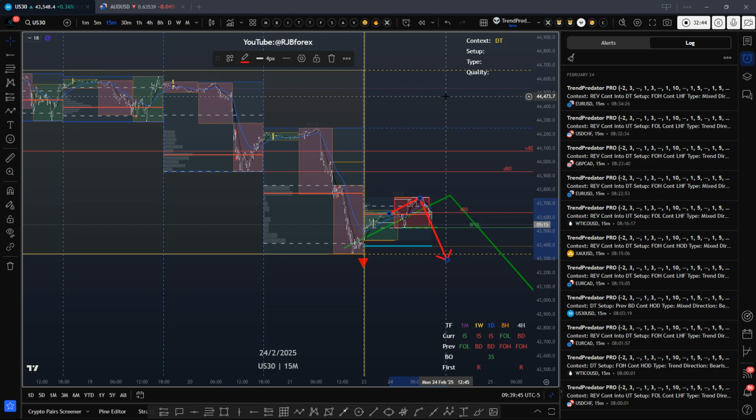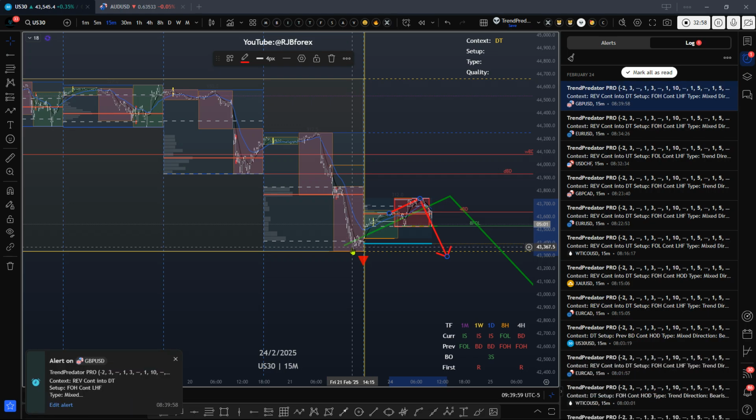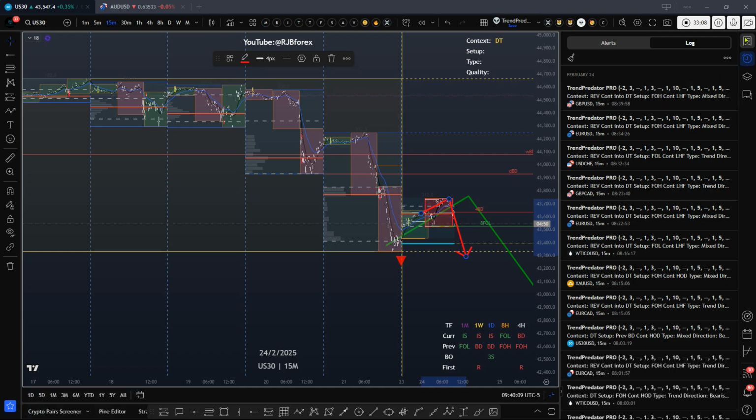I'm not going to favor it, I don't think, because of the 3 sessions of drop. On the other hand, if we were to break the low, more inclined. So we'll have it on our radar nonetheless.